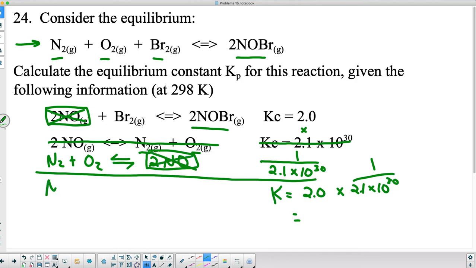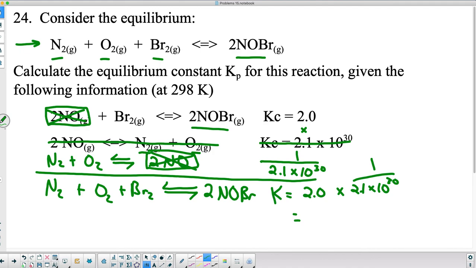So that means that I have N2 plus O2, because neither of those cancel with the other side, and I have Br. So I write everything that's listed that does not cancel. And then on the other side here, I have 2NOBr, like that. And notice that that matches exactly my target equation. Okay, so we know we did the right thing.